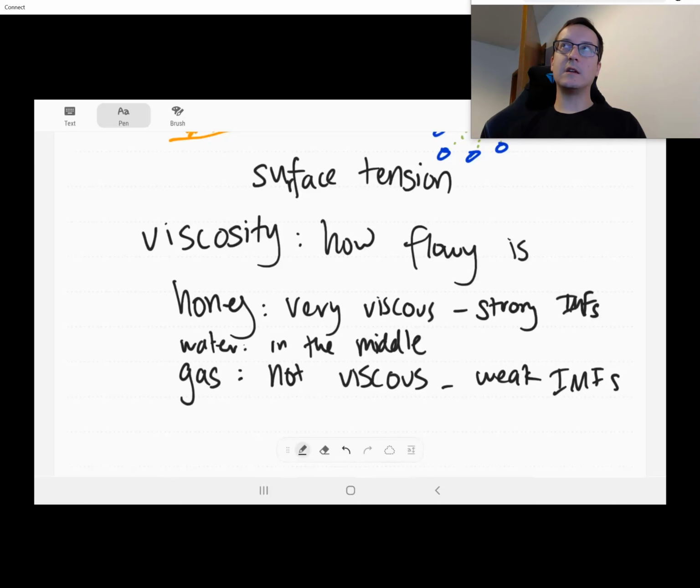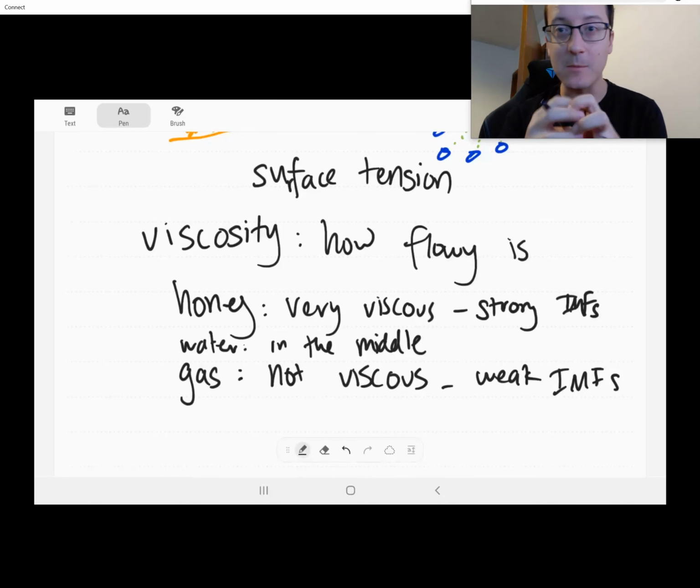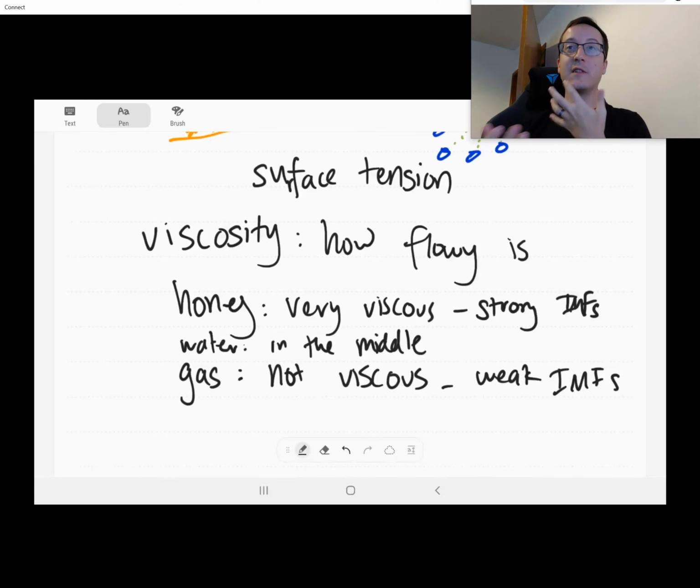Let's see. Yeah, it's definitely related, right? Because the more dense something is, we can also think about the more electrons are within an amount of space, right? The more dense something is, the more kind of the atoms are really tightly packed together, right? And so there's definitely that relationship there.